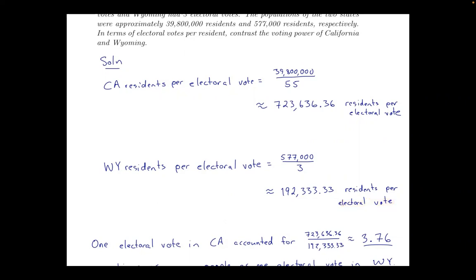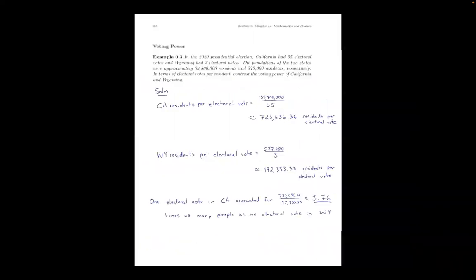So that would be more powerful than any one of these. So the smaller this number is, the more power the residents of this state have. And it looks like, in this case, California is quite a bit more diluted than Wyoming's voters. So that's one way of measuring voting power in the United States, and it's an interesting thing to look at.